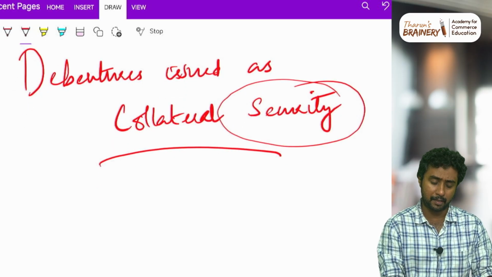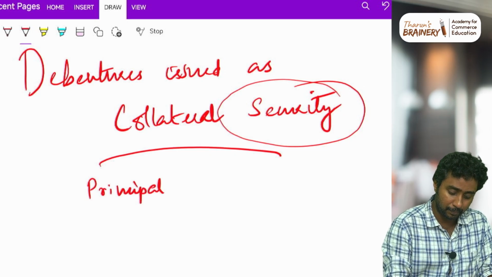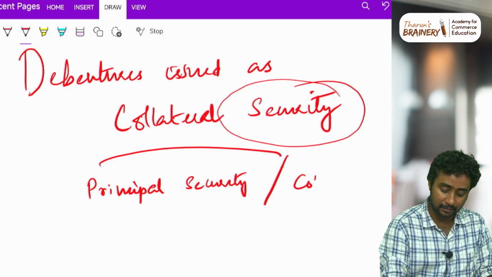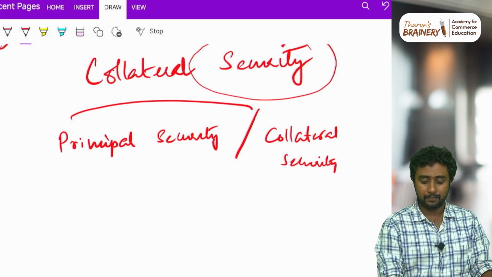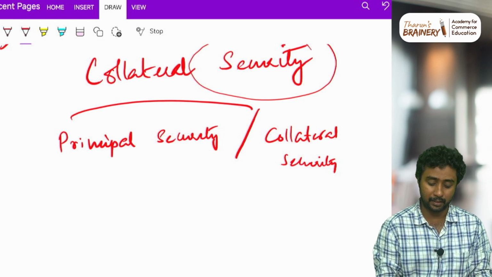There are two types of securities. The main guarantee is called principal security, and the additional guarantee that you give is called collateral security. Suppose it is a company that is approaching the bank for a loan.